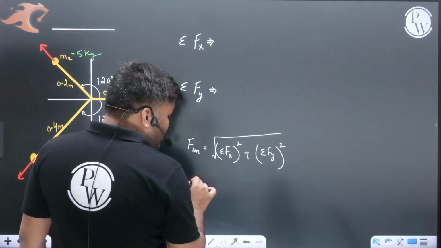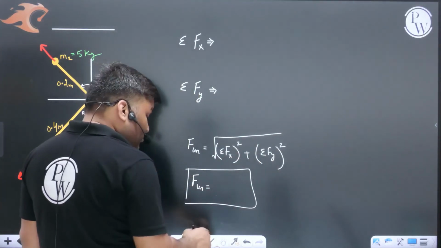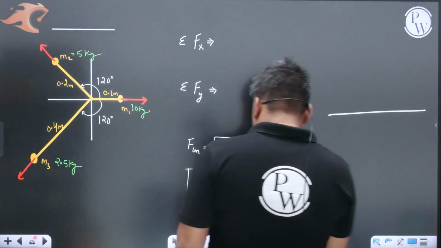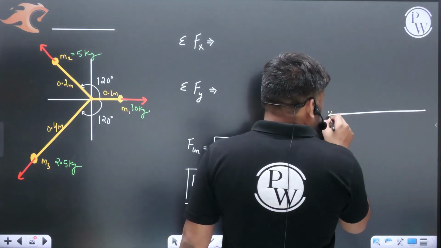Put these values, you will get unbalanced forces, and whatever unbalanced force is there, वो कहाँ act हो रहा है बेटा? This force is going to act, sir, ये this is your shaft, this is your shaft.